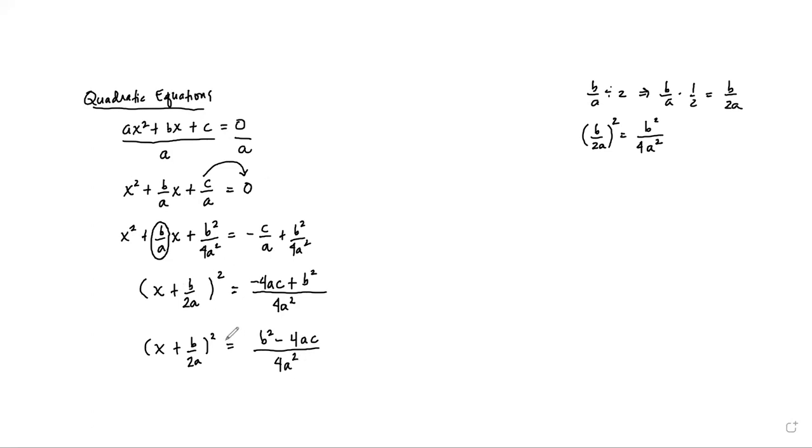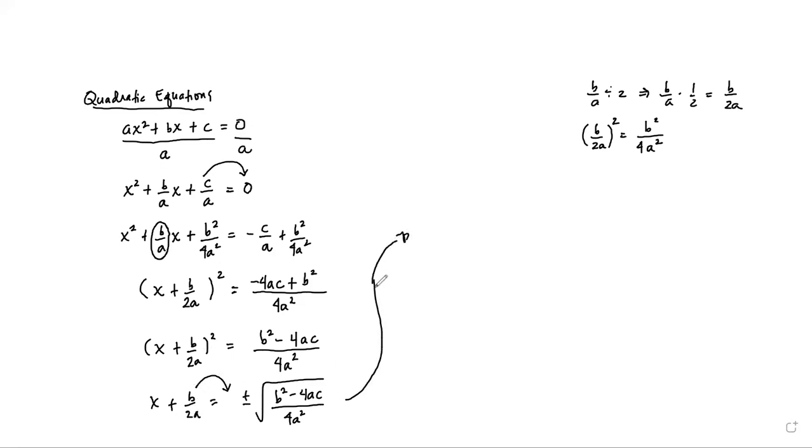And then we shall use the square root property to solve for x plus b over 2a. So this will give us plus or minus the square root of b squared minus 4 times a times c all over 4a squared. And then we shall transpose positive b over 2a from the left side to the right side.